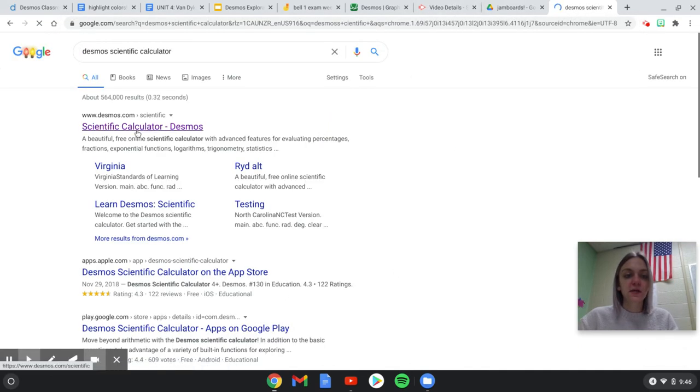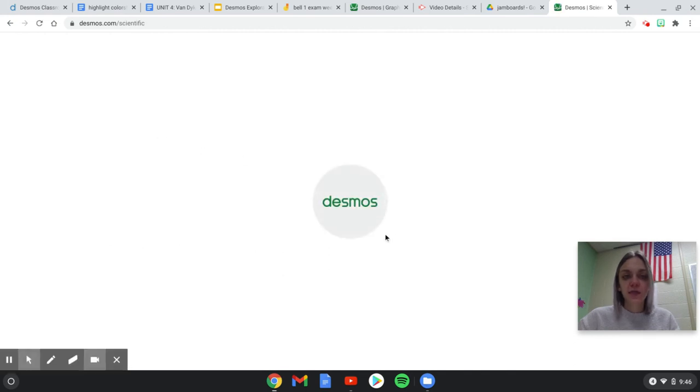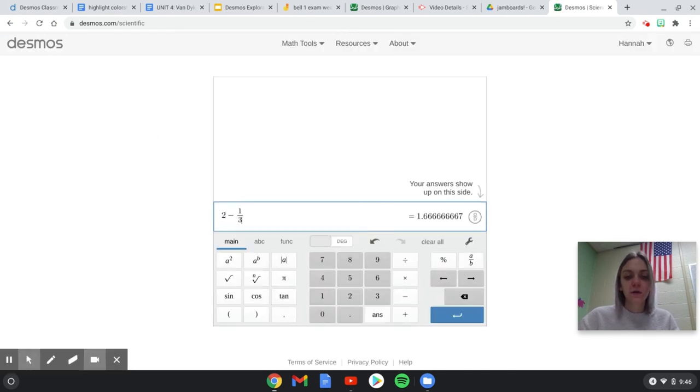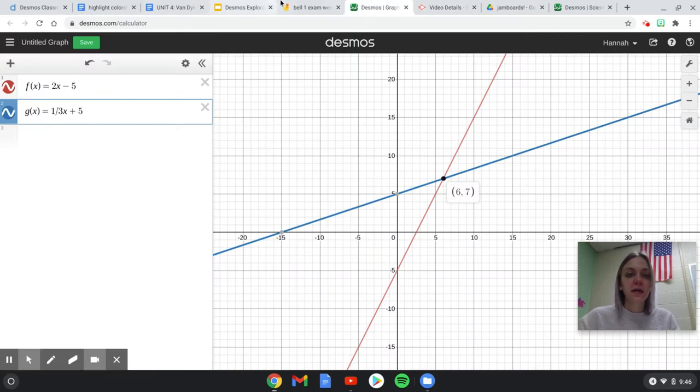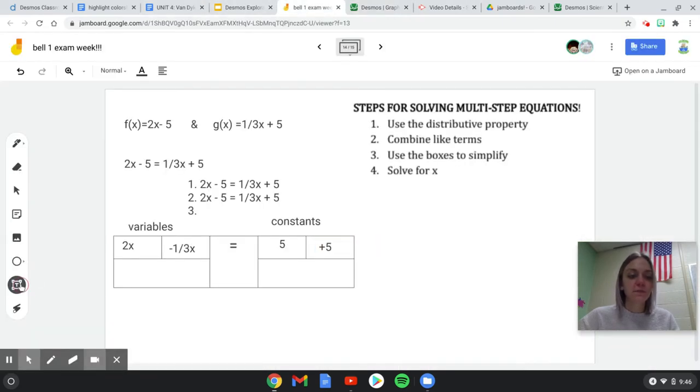Pulling up my Desmos here. 2 minus 1/3. So that gives me 1, and this is 2/3. So I'm just going to put, here, 1 and 2/3 x.